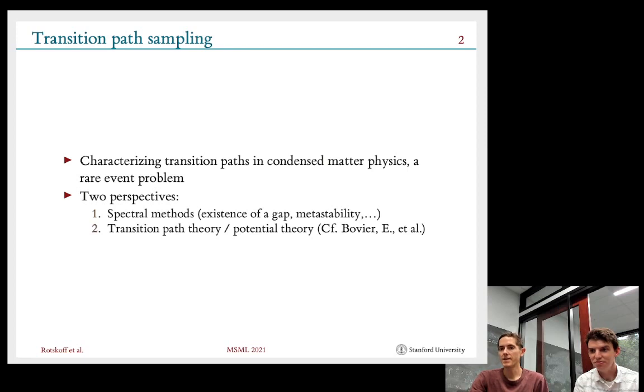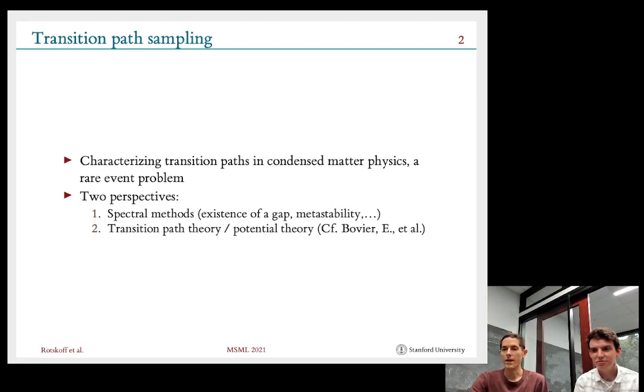So transition path sampling is a very important problem in chemistry and physics. Characterizing transition paths is fundamentally a rare events problem as well. And there are sort of two historical perspectives on how to deal with these difficult sampling problems.